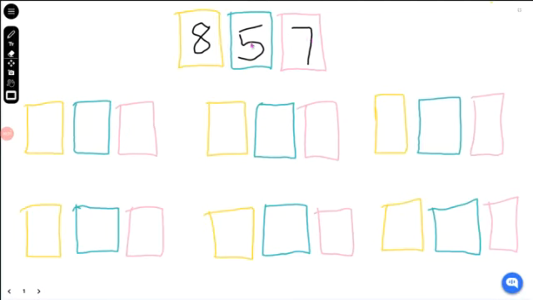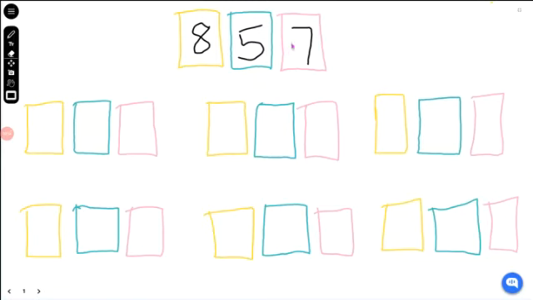So if we were saying this as a whole number, we would say what? What do you think? That's right, 857. So what we need to do in this session, we're going to see how many different combinations we can do using 8, 5 and 7.